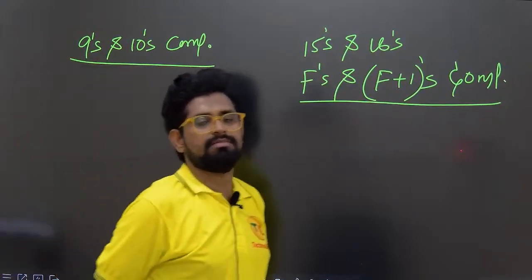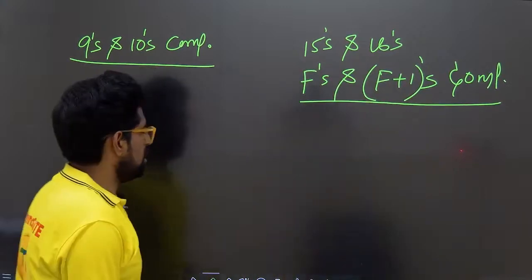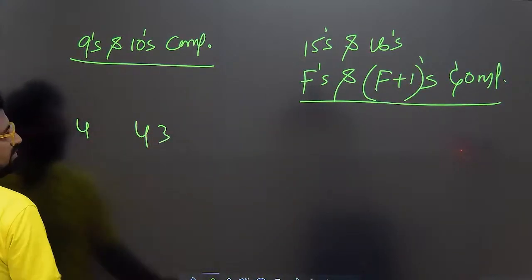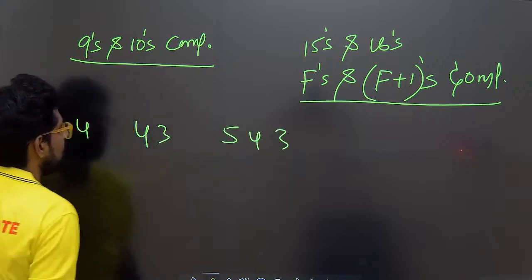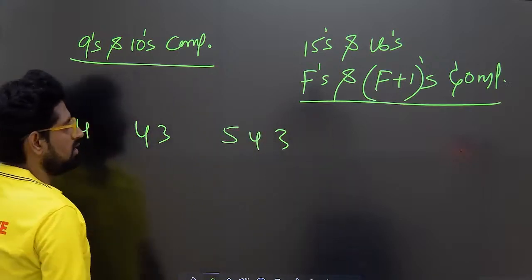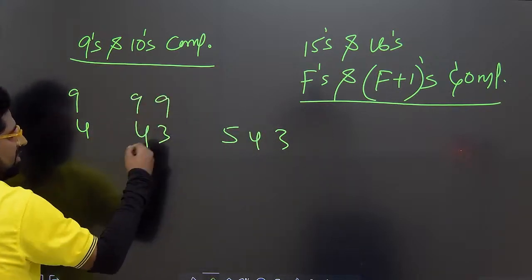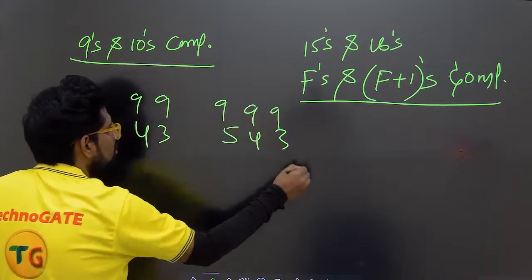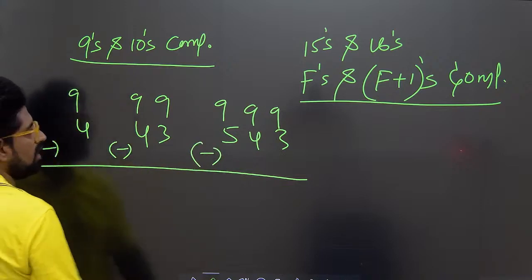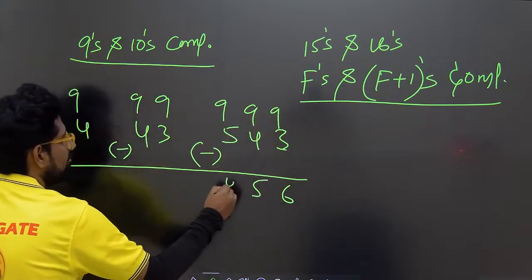For example, if someone asks you to find the 9's and 10's complement of 443, 543, 3 different numbers with a single digit, 2 digits, 3 digits, then what you need to do is write down that many 9's above, and subtract. So the answer is 6, 9 minus 3 is 6, 5, 4.